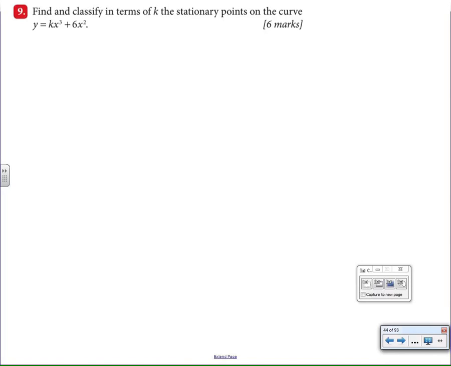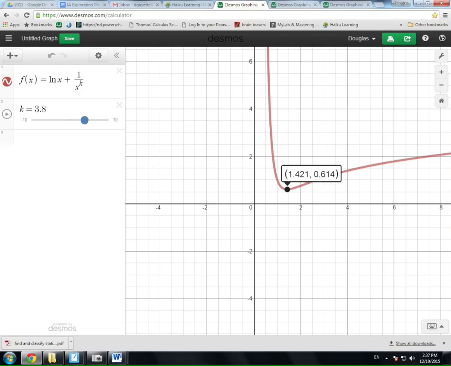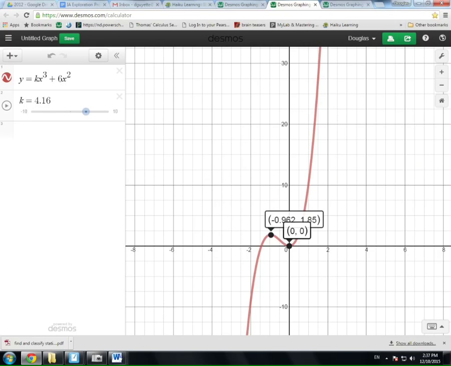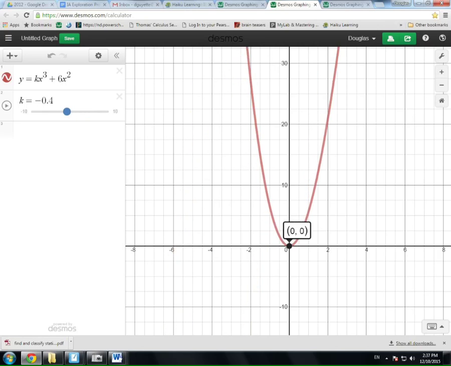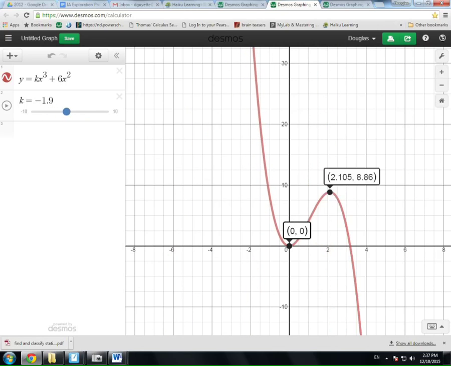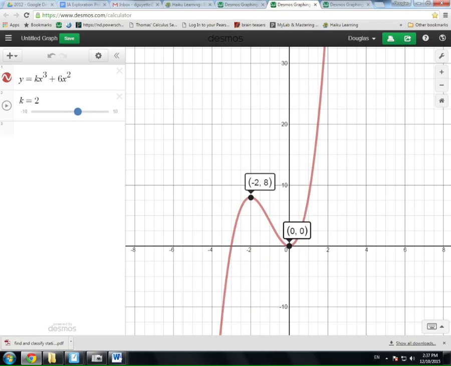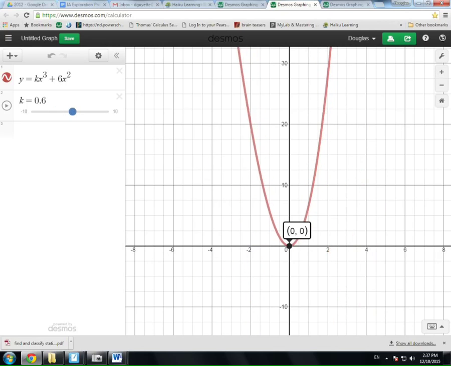Again, what's happening here is the curve is a family of curves, actually, where it's always going to be a cubic function, but depending on the value of k, the nature of the cubic function is going to change. And what I can see with this technology is there's going to be a fixed local minimum. This is a local minimum right here, and that's going to be the lowest point in the neighborhood all the time.